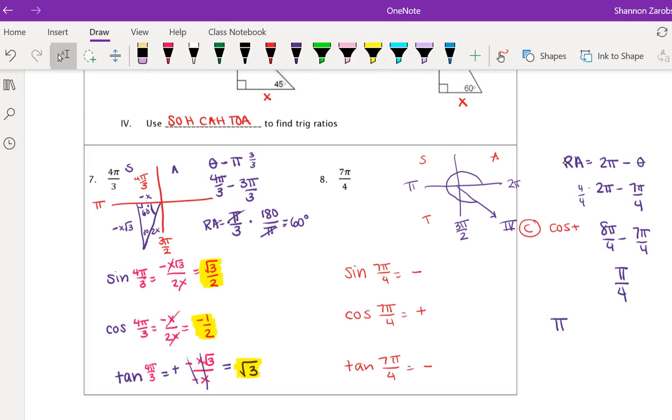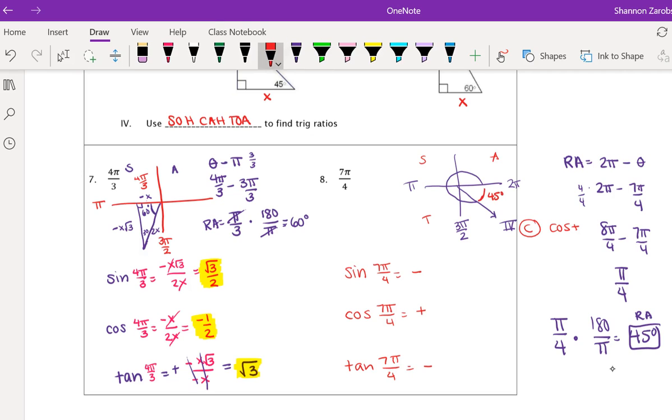Pi over 4, when you convert into degrees, pi goes on the denominator. 180 over 4 is 45 degrees. So there's my reference angle. So this is the angle I'm using to reference.